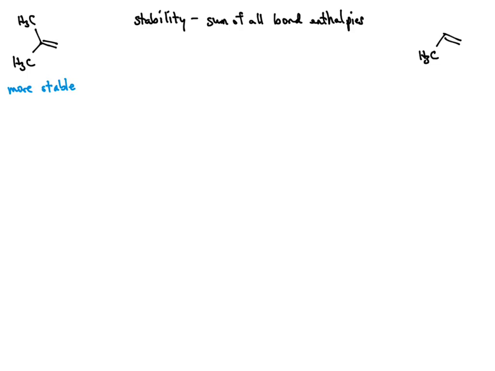So for the more stable species, this 2-methyl-1-propene, we have some additional sigma bonds in this molecule. So what's the effect of having these additional sigma bonds?